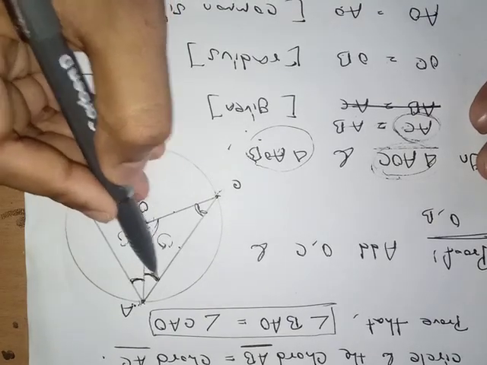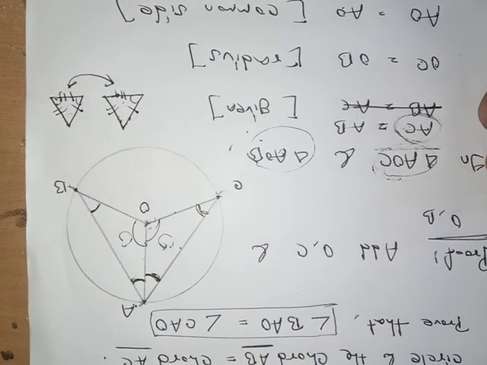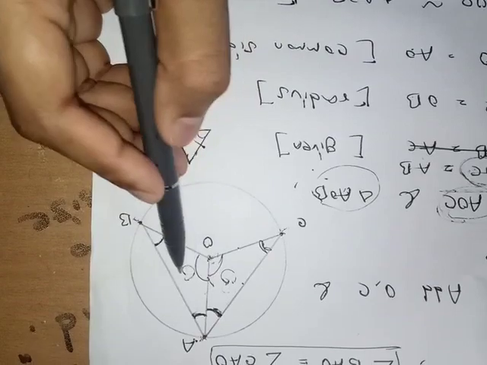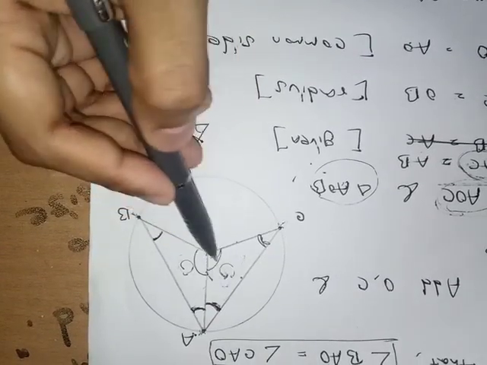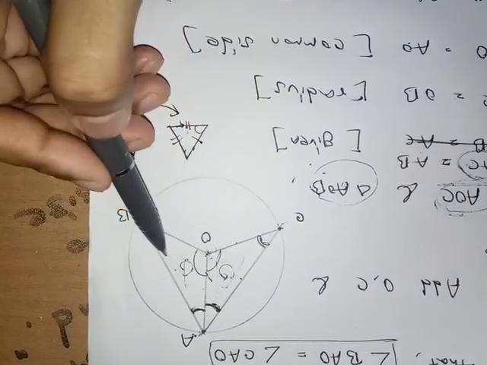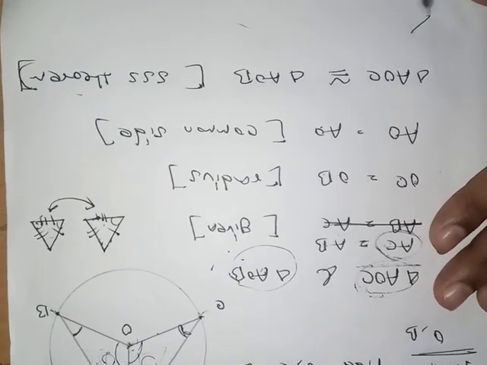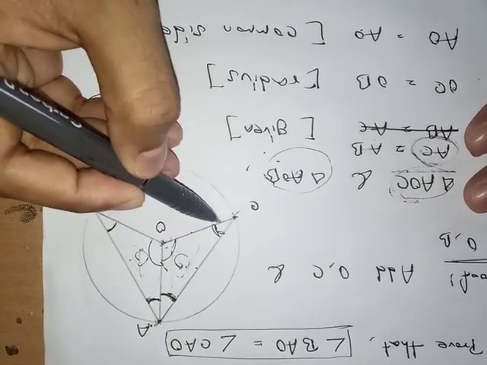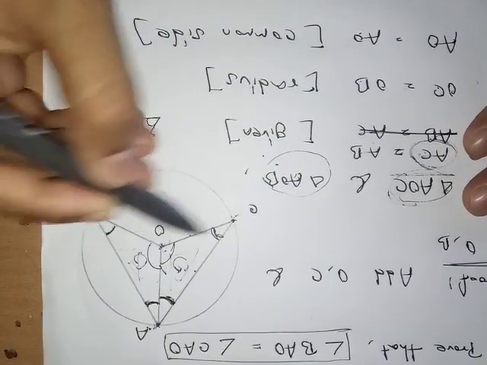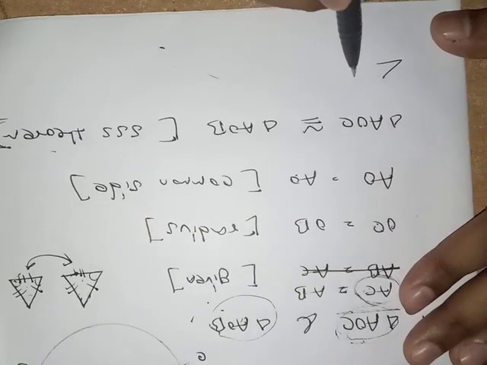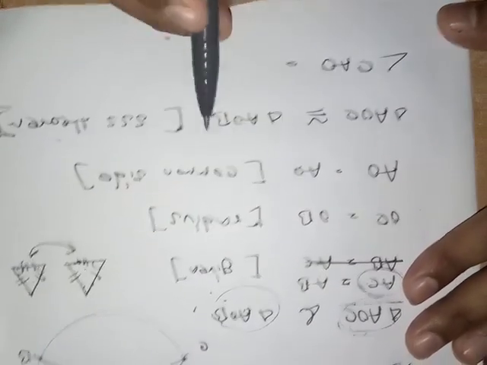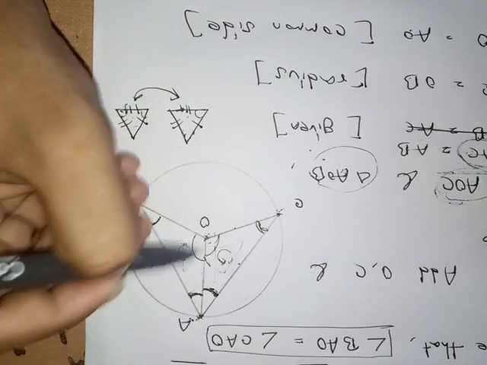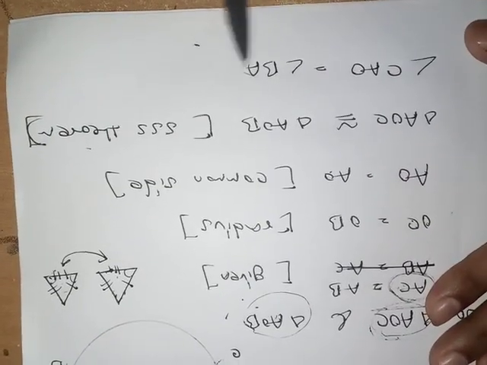So we can say this angle is equal to this angle. Why? Because this triangle is congruent to this triangle. So you can say angle CAO is equal to angle BAO.